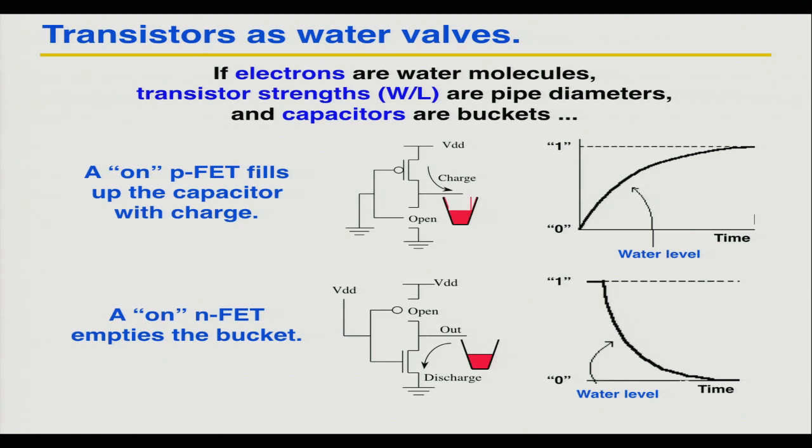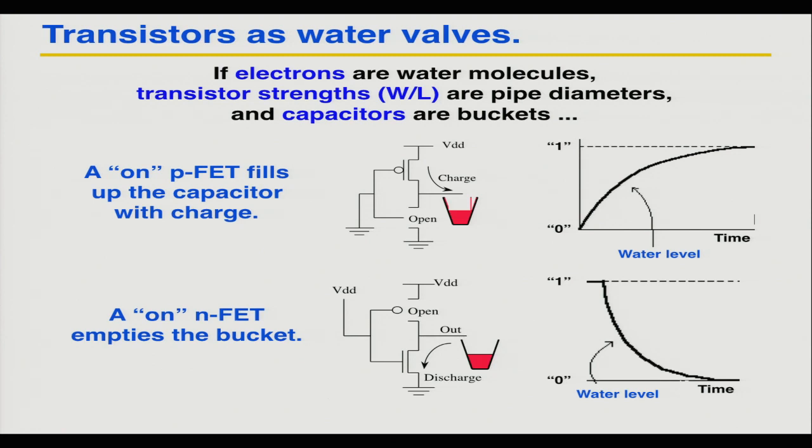The other way to envision this, in case you're not getting it, and the way I think is useful to think about it, is to think of electrons as water molecules and the transistors as pipes, where the width of the transistor is the diameter of the pipe, and the capacitors are like buckets, right?